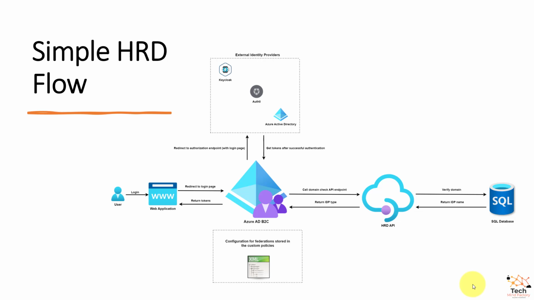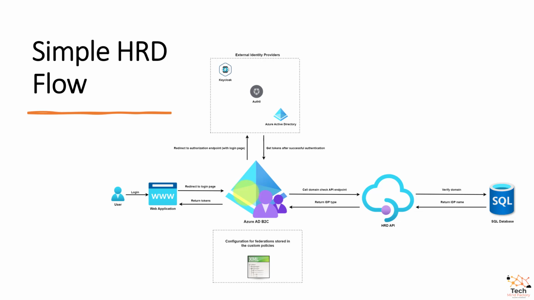How does it work? Basically, as you can see, there is a user. User is using specific application. Application is secured by Azure AD B2C. And as we can see, when user clicks login button inside the application, user is redirected to the Azure AD B2C login page. And now on the login page, user basically provides the username or email, to be more specific.